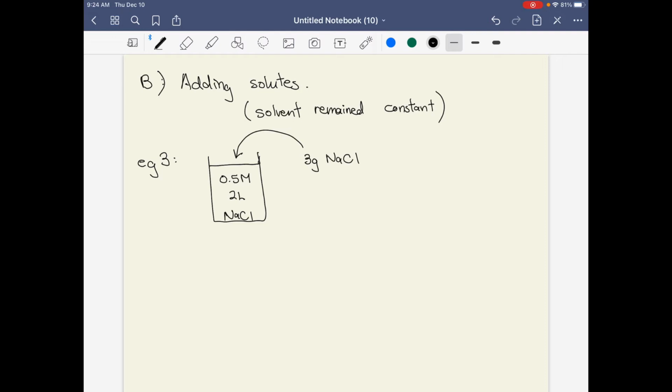Okay? Now, did you just make this solution saltier? Definitely. What that means is that you're raising the concentration from 0.5 to more than 0.5, and I want to know what is the concentration of your new solution.